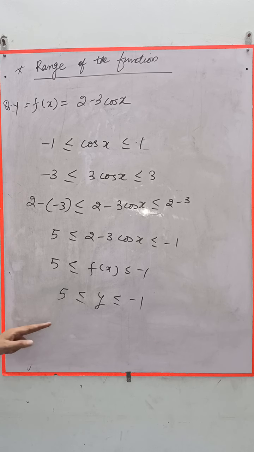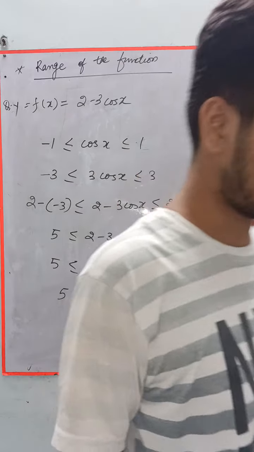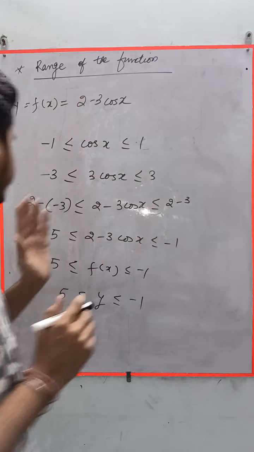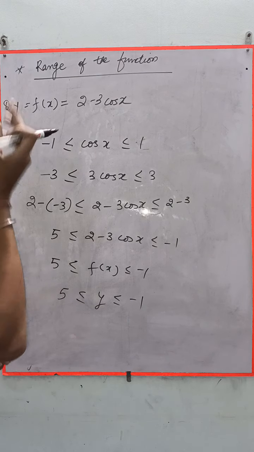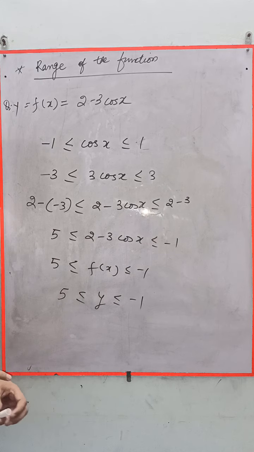I hope you have understood. Wait, here we did one very wrong thing. We subtracted 2 from each and every one, so the sign of the inequality will change.